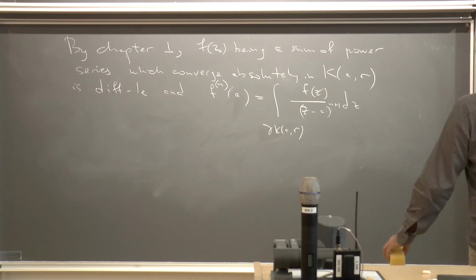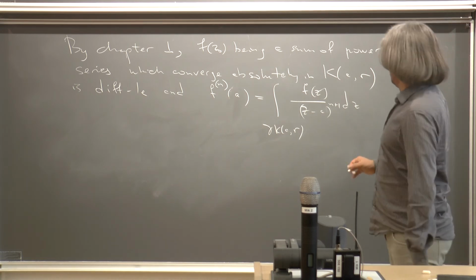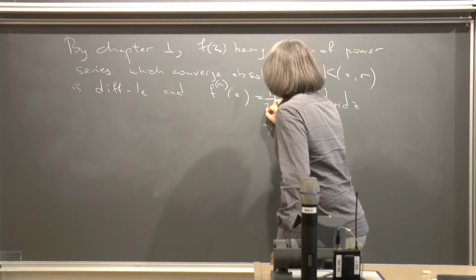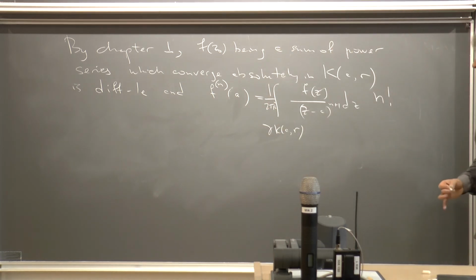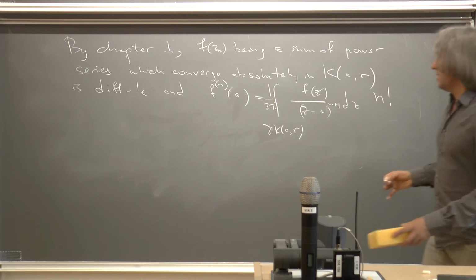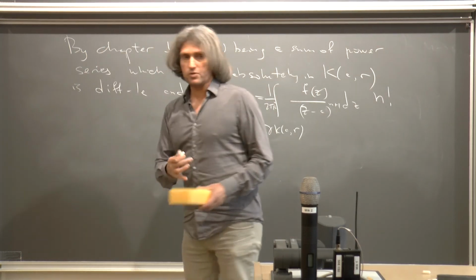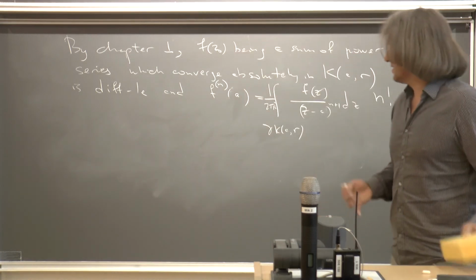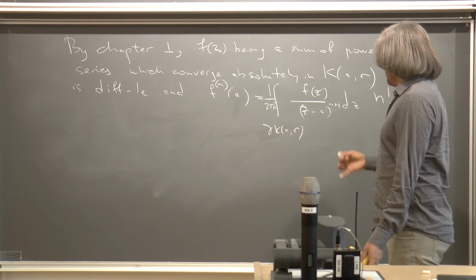Where did I get 2 pi i? I lost it somewhere on the way. I mean, by uniqueness of the sum of a power series, we know that for sums of power series, the coefficients are exactly derivatives at the center where we expand.